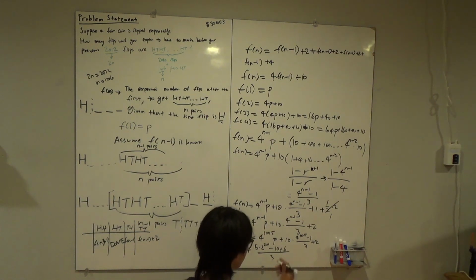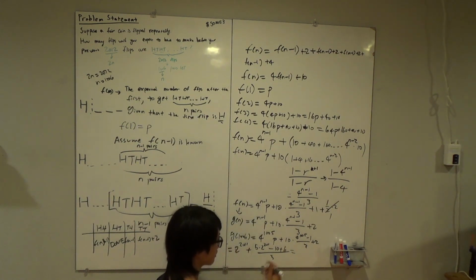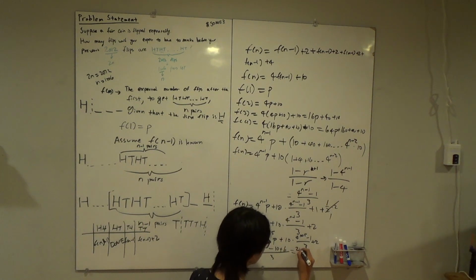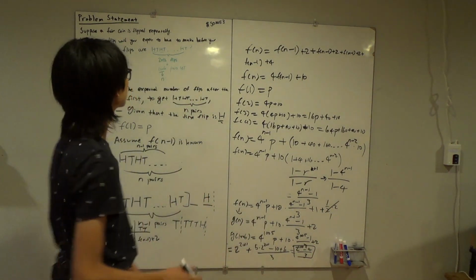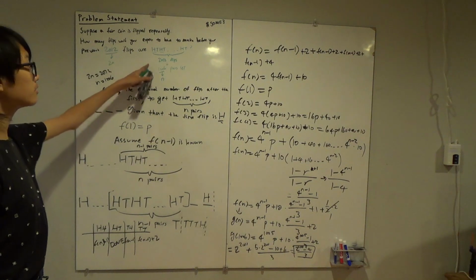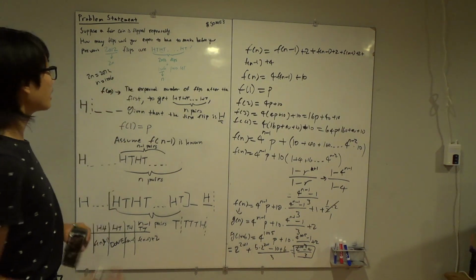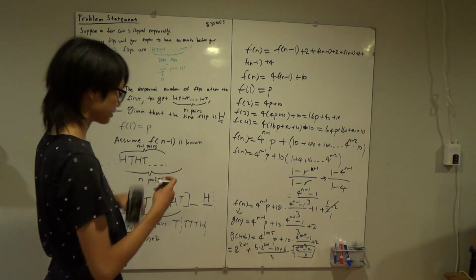And if we quickly simplified it, you can try to do it on your own, we'll get an answer of 2 to the 2014 minus 4 all over 3. And that is the expected number of flips it will take us to get this monstrous sequence of 2012 flips anywhere in our sequence of flips.